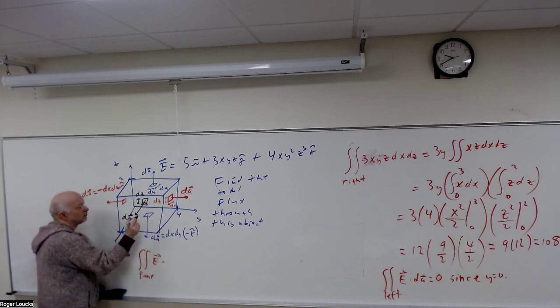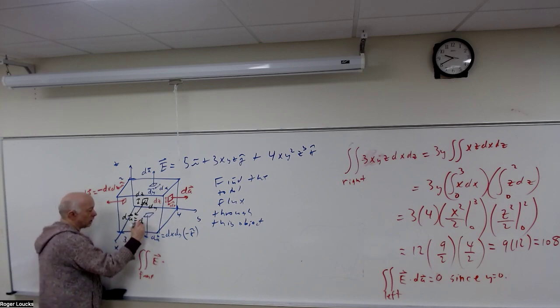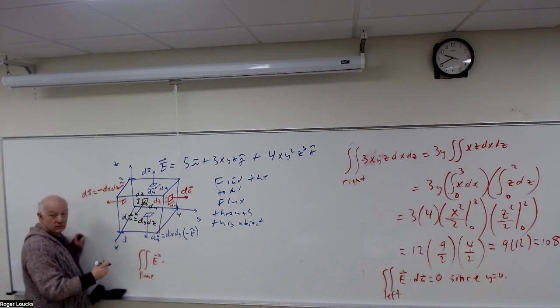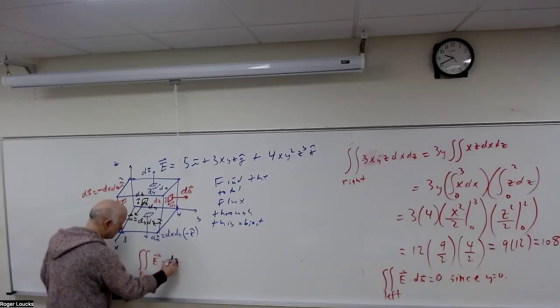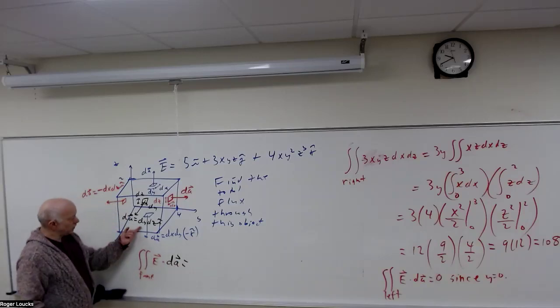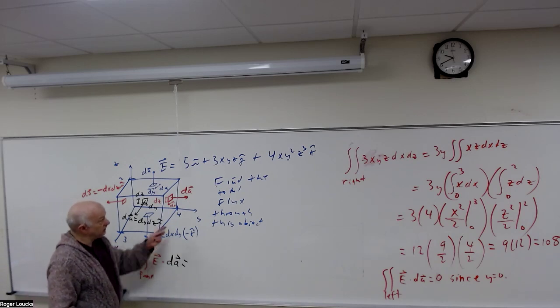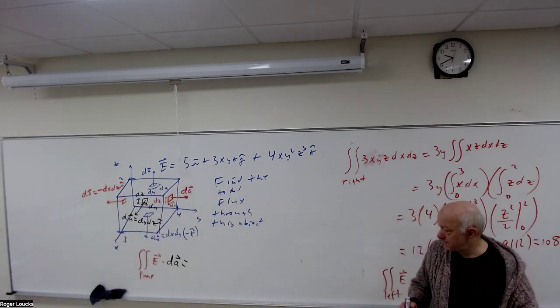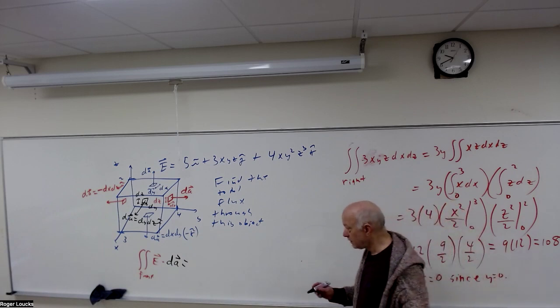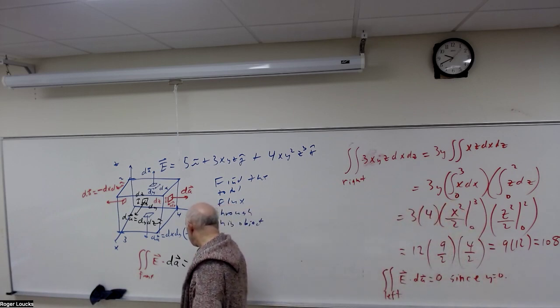What is this? dy. So my dA vector for the front is going to be dy dz i hat. Okay. So if I take dy dz i hat and dot it into E, what is that going to leave me here? Just the 5.